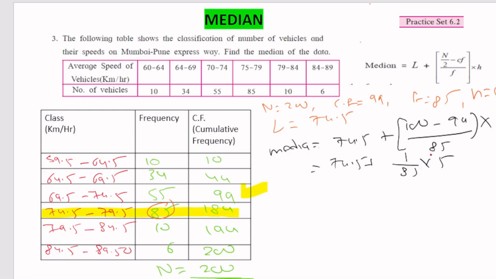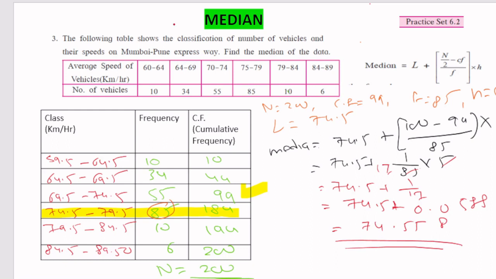After cutting, you'll get 17. So 74.5 plus 1 upon 17. After solving, 1 upon 17 will be 0.0588 something. You can do it easily. So add it, your median will be 74.558. Okay, this is your median.